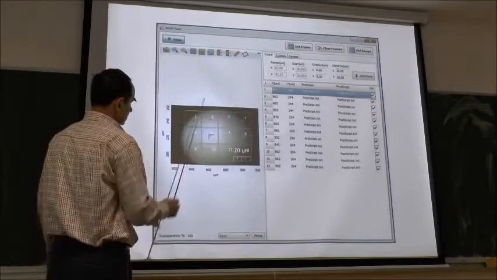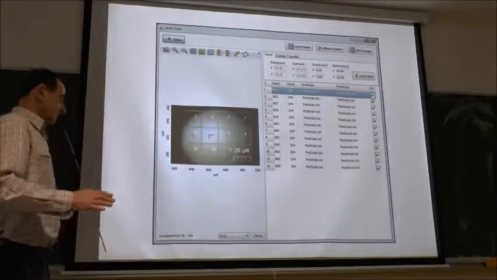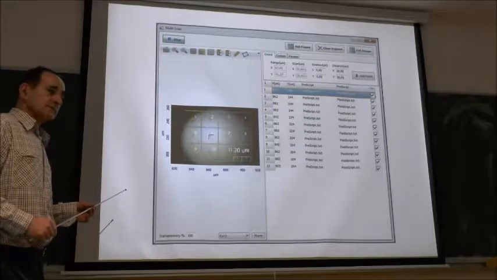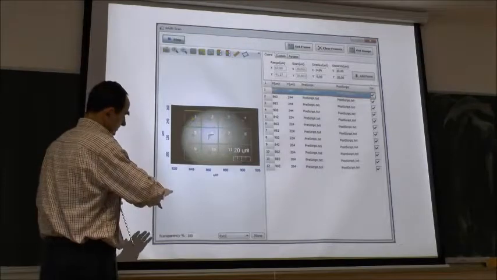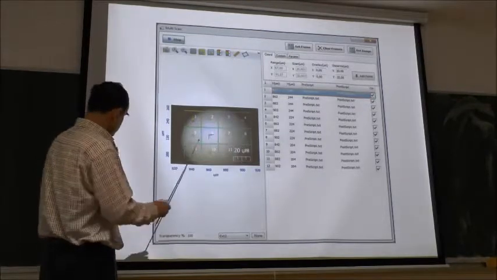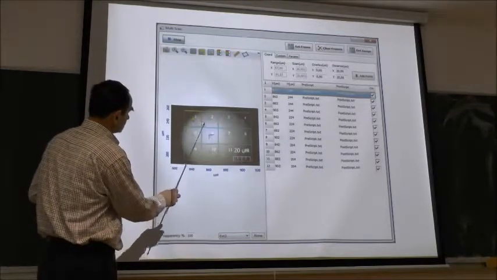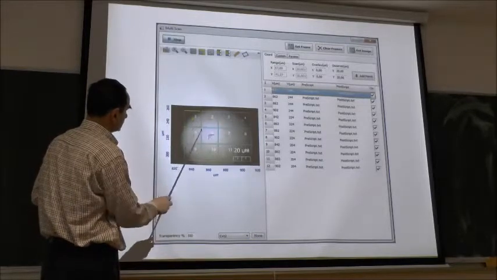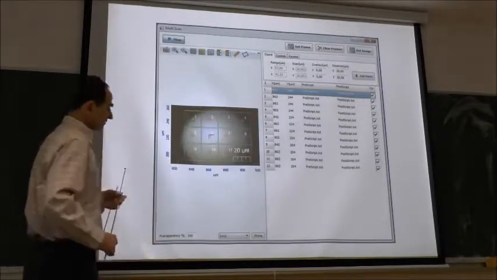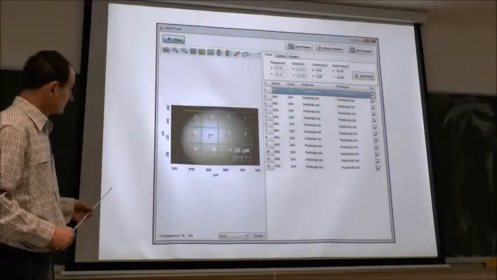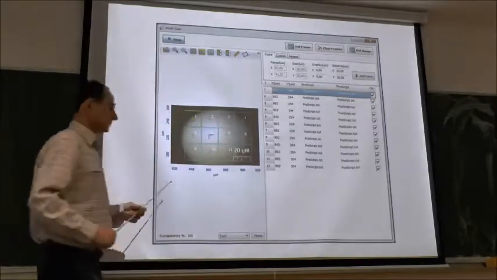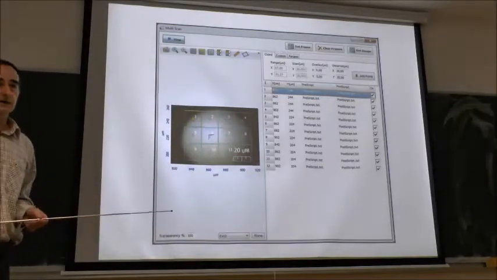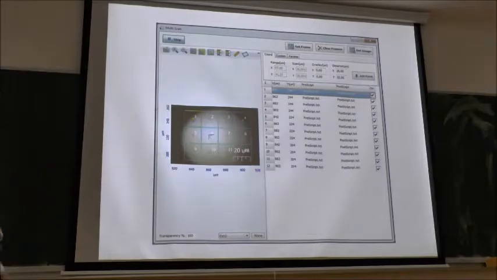If you have really plain samples, you can travel quite far away from here, so you can mark squares and scan a square, I think 200 by 200 pixels. You can add many such squares, so you can scan quite a big area while you are not here. The computer does it by itself.